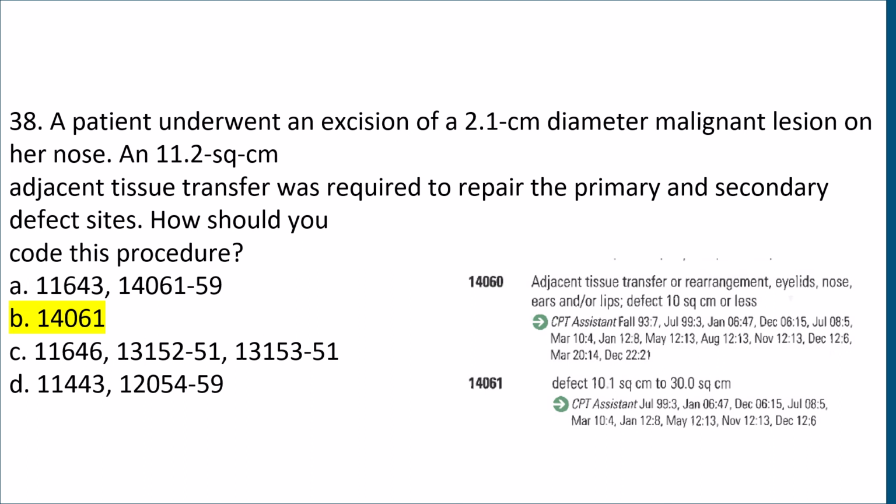So yes, B is the correct answer, because our area is 11.2 square centimeter plus 2.1, because this is the excision diameter and this is the adjacent tissue transfer, so that becomes 13.3. And if you see the code 14060, it includes only 10 square centimeter and less. And for ATT, we do not write the excision code.